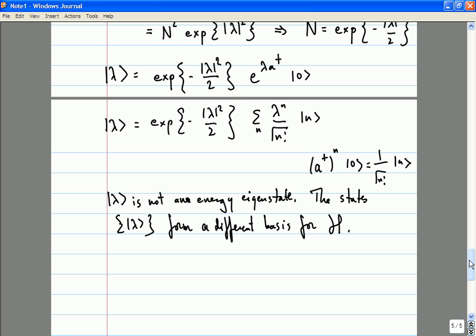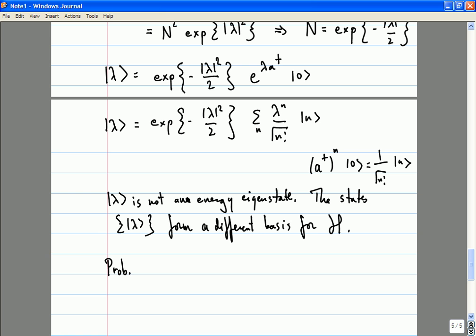And in order to understand a bit more the physics of one of these coherent states, let's imagine that you're in a coherent state and you measure the energy of the system, which is to say you measure the expectation value of the number operator.